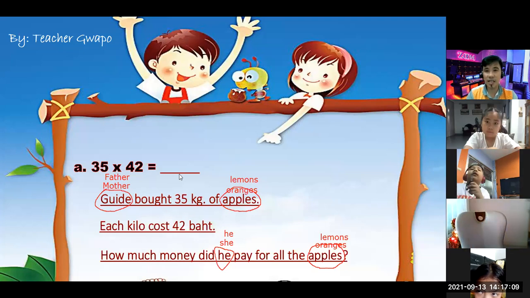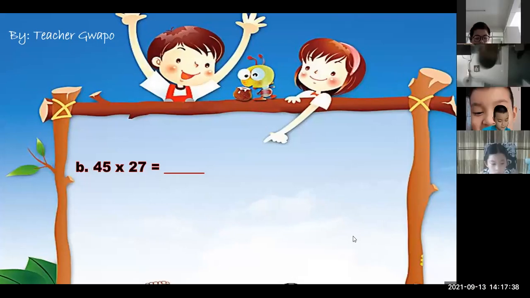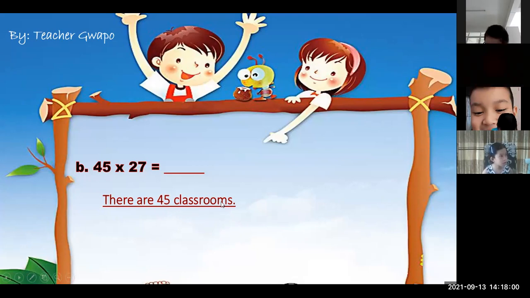Let's continue in letter B. Okay, in letter B, the multiplication equation here is 45 times 27. So let's say there are 45 classrooms. Okay, you can say there are 45 classrooms, or we say there are 45 offices, or you can say there are 45 houses.